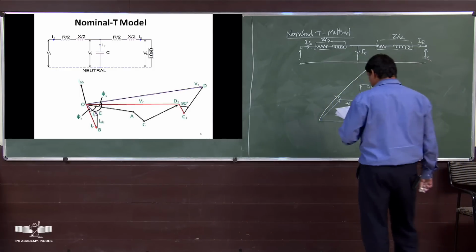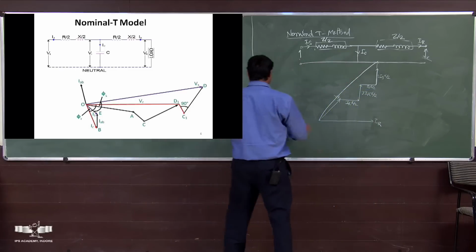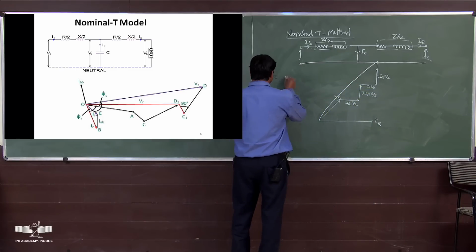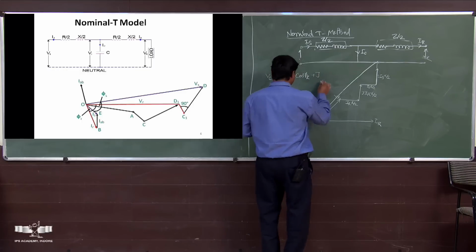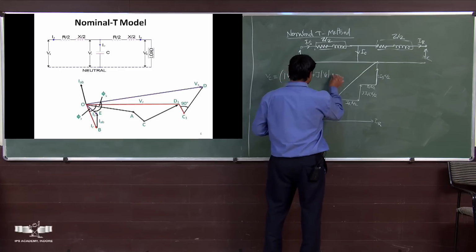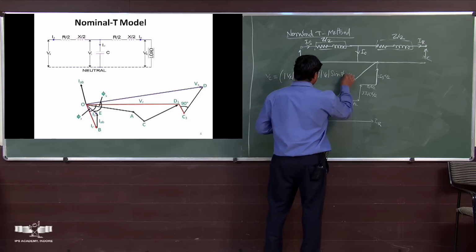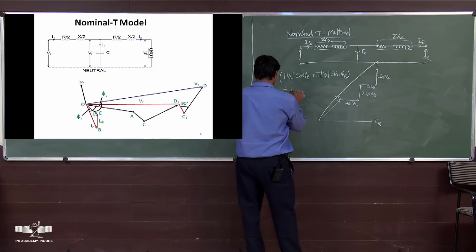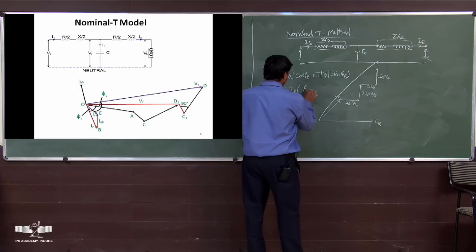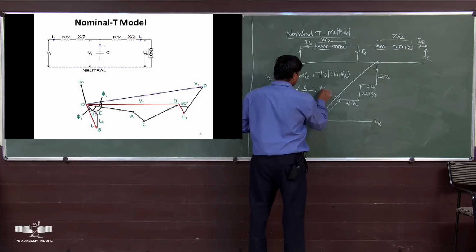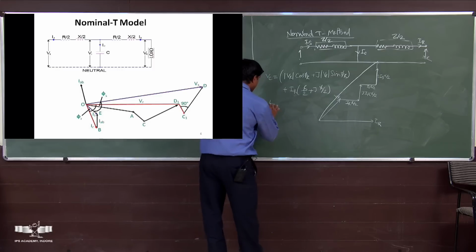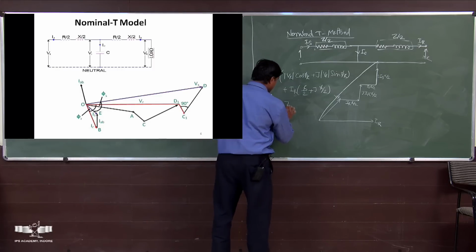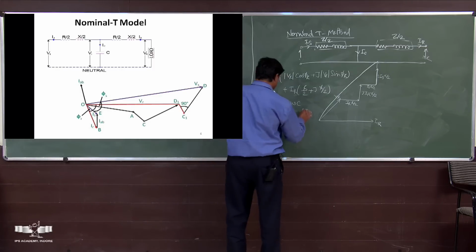In this phasor diagram we can write the equation Vc equal to mod of Vr cos phi r plus j mod of Vr sin phi r plus IR into R by 2 plus j X by 2. This is Vc, and IC is j omega C into Vc.